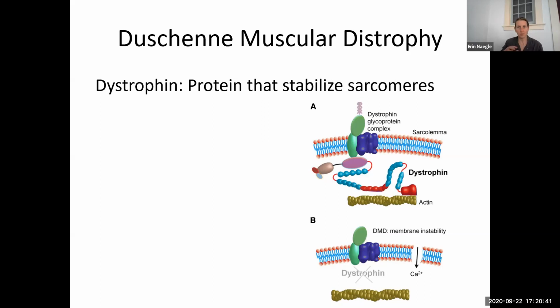It connects the sarcomeres to the little tiny cytoskeletons, miniature skeletons made up of protein inside of your cells. So it helps stabilize the whole thing.